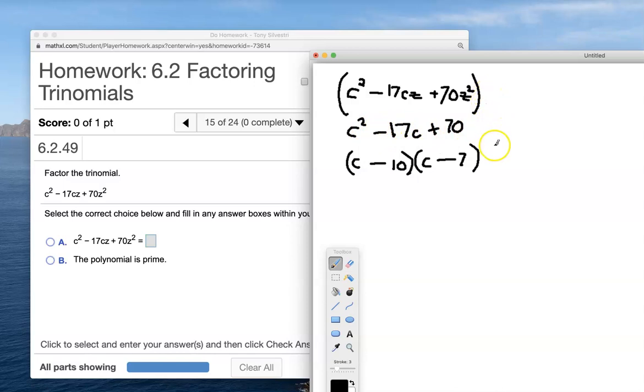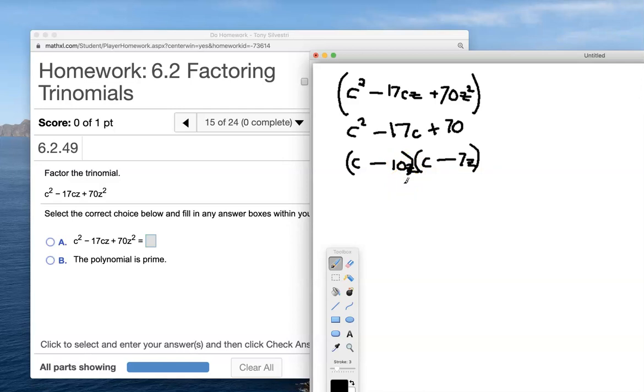So you're saying, well, did we waste time? Well, we didn't waste time. When you multiply these two last numbers, you get 70, not 70 Z squared. All you have to do to get the Z squared is tack on a Z, the second variable, to the last numbers. That's a 10Z, and a 7Z.